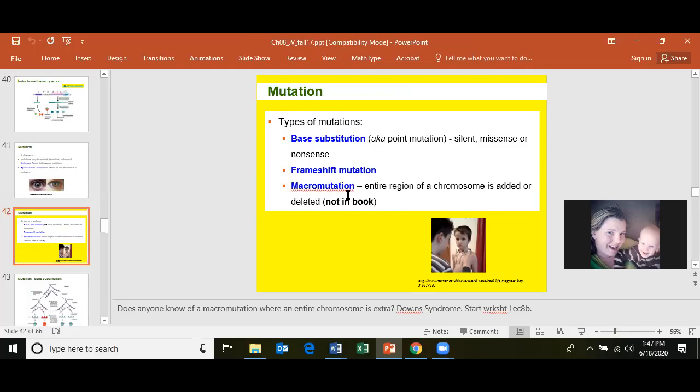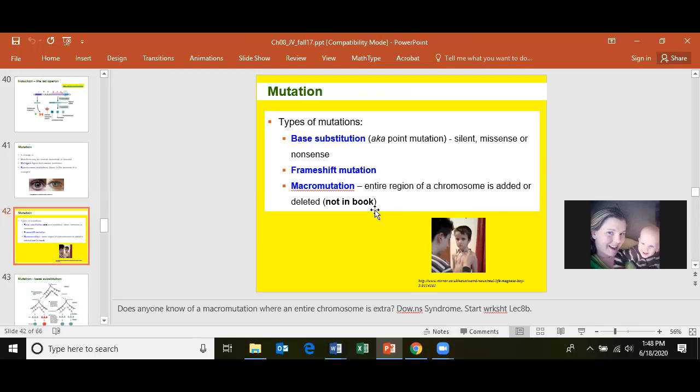Normally, when an individual has an extra chromosome or is missing a chromosome, the embryo will die, meaning you can't muck up the genome that greatly. But in Down syndrome, whatever chromosome that is, I think it's 21, it might be 23, I don't remember, when you add an extra chromosome, it's not lethal for that individual, but it does have an effect.